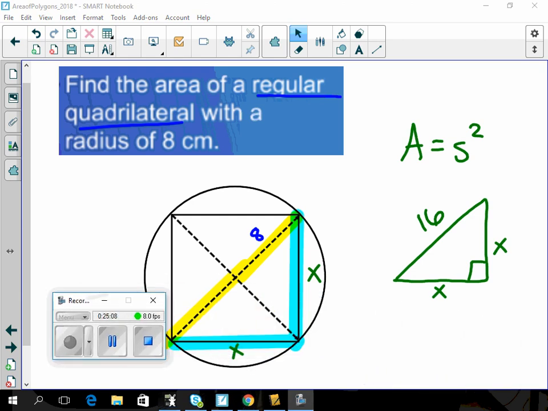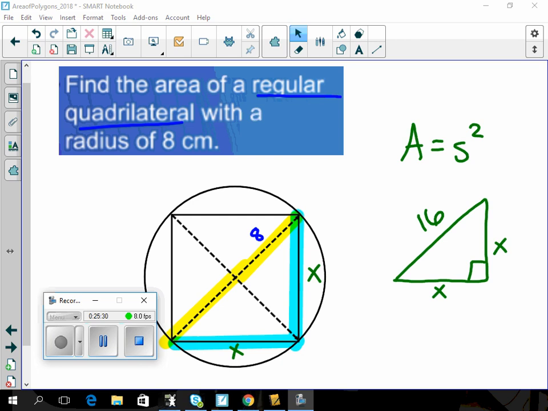So how do I find x? X is a side length. Look at the right triangle picture. At the beginning of class, we used trig. Do we have to use trig here? No. Do I have the side length? What was your first choice, Debbie?